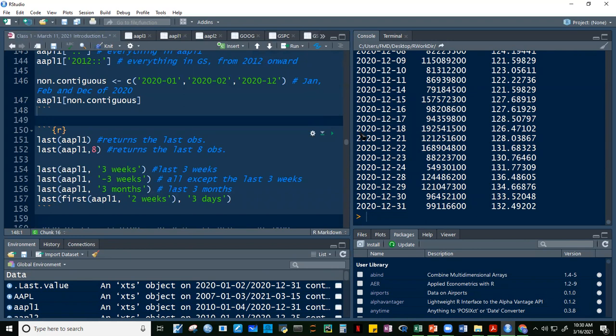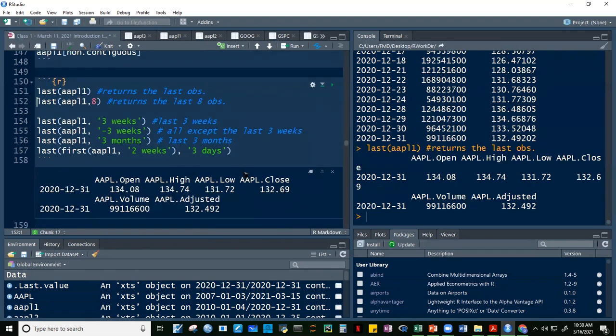None, sir. Okay, so pwede rin, may mga functions din, kunyari yung last, no? This will give us the last observations. Yung last ng Apple 1 natin will be the last date.